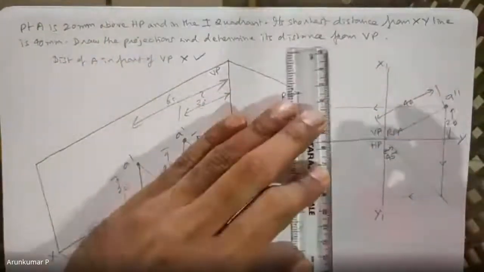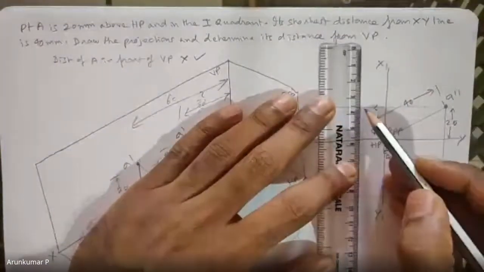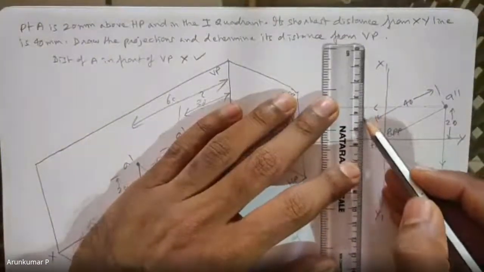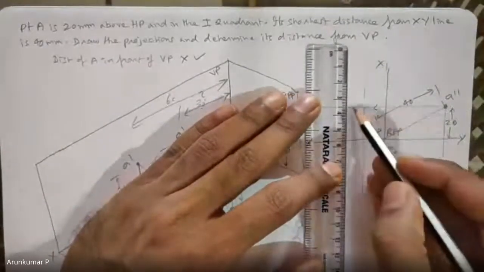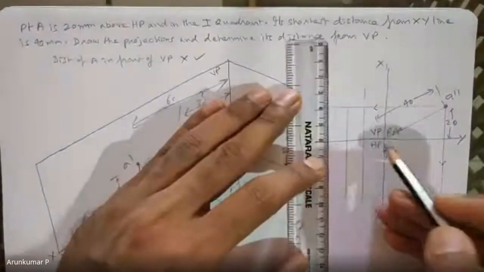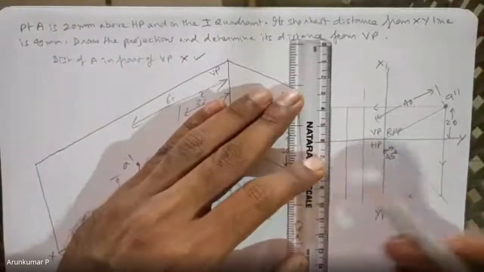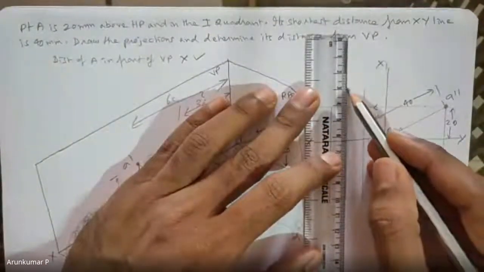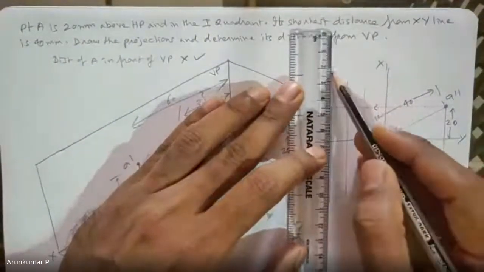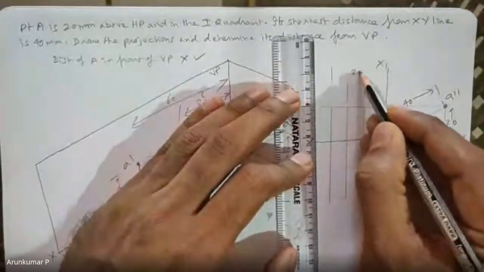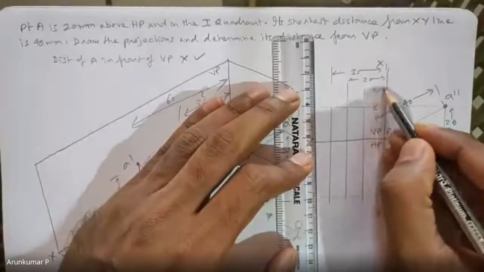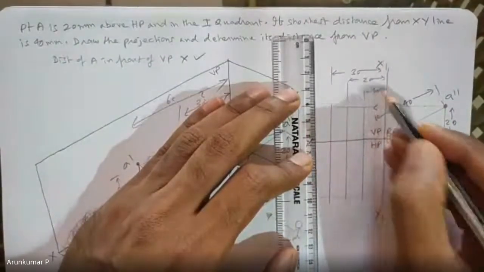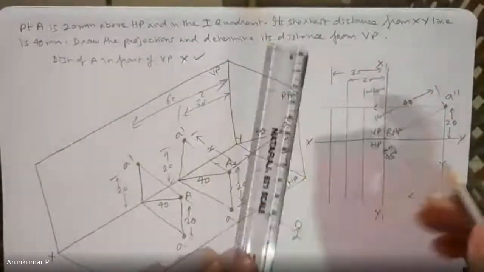If I just draw a line like this, anywhere, let us say at 10 mm, I'll draw another line at 20 mm, and another at 30 mm. Just observe. So this is at 30, this is at 20, this is at 10. Now where are the front and top views?